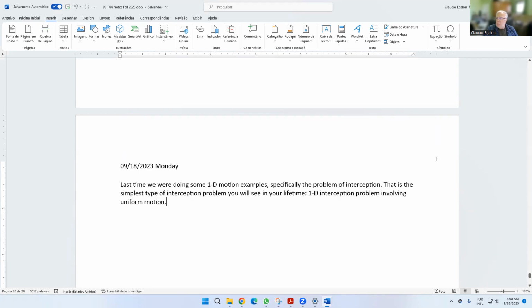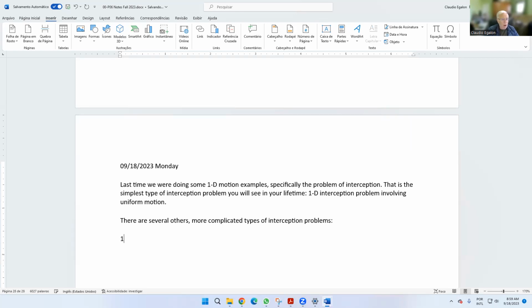Those problems of intersection have several other types. This is the simplest one that you're going to see, like I said. But there are several others, several others more complicated types of intersection problems.